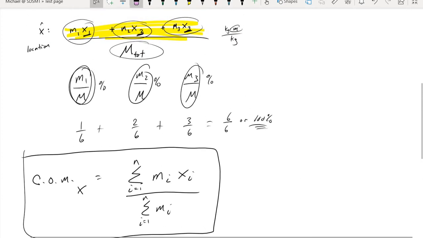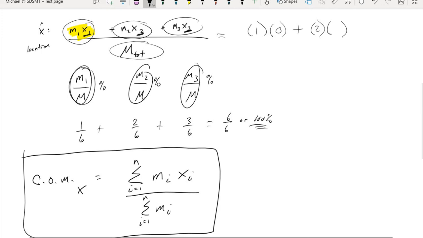So let's try that. Let's put everything together in the equation that we've made up here. We need mass 1 times its position on the x-axis. Mass 1 was 1 kilogram. The x value of mass 1 was at the origin, so that's 0. Then we need mass 2, 2 kilograms.